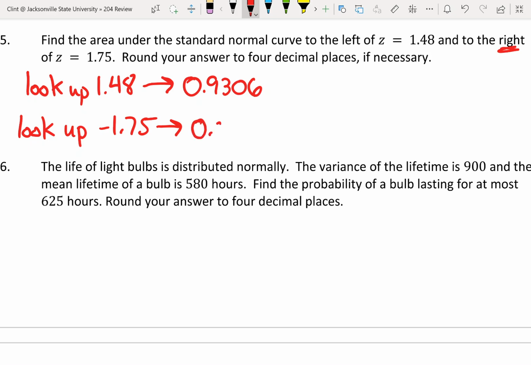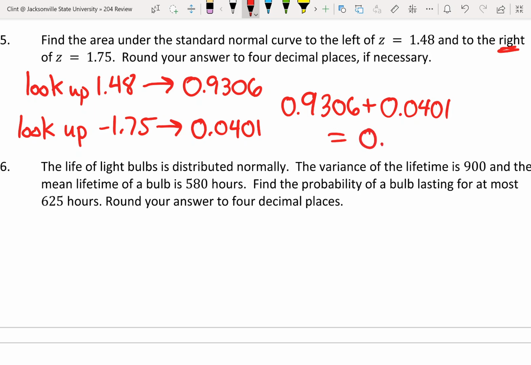And then we just add these two together. So final answer, I got 0.9707.